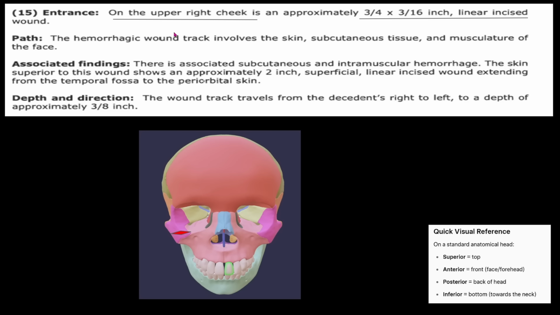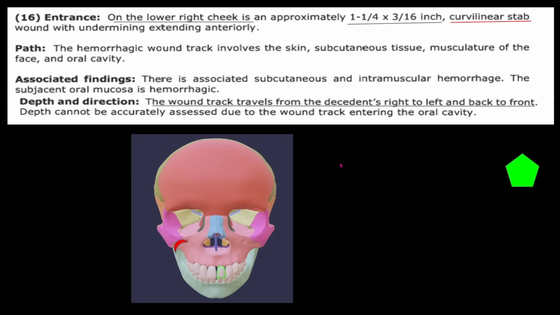Now, next we've got the upper right cheek. It's a 3/4 by 3/16 inch linear incised wound. This is a cut on the cheek, and it does not say anything indicating it's a serrated blade. It's just a cut.